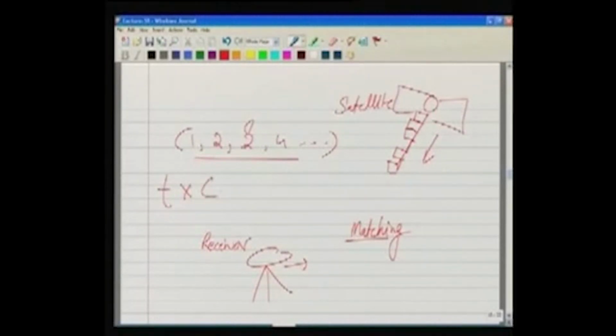By doing that, the receiver can determine the time of travel of the signal from the satellite to itself. If this time of travel is determined, it is very easy. We can then multiply it by the velocity of light in order to determine the distance. So this is the clever trick by which the distance from the satellite to the receiver is determined.